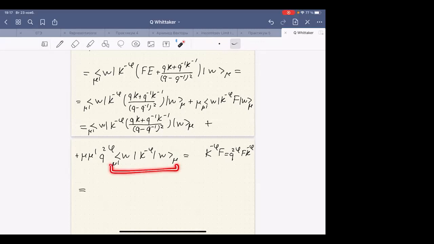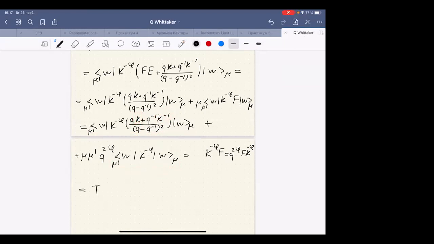Very good. Now I want to work with this part. Working with this part is quite simple. Here we have k, here we have k minus 1, and this can be performed by shifting the argument. So to obtain the first part, we shift phi by minus 1.